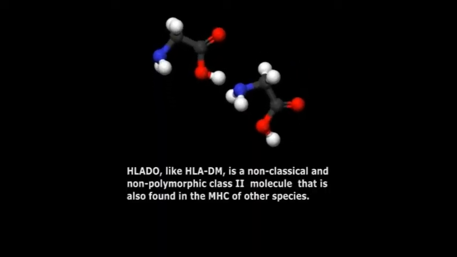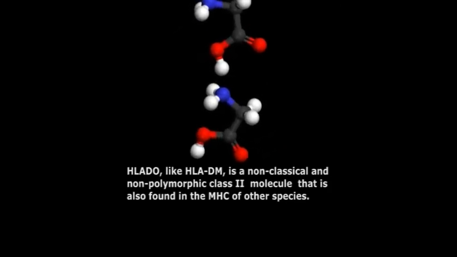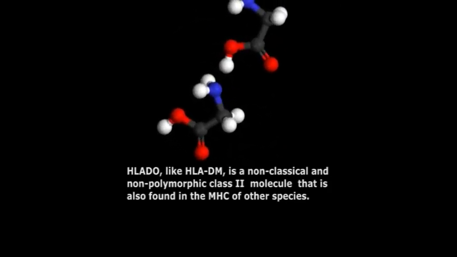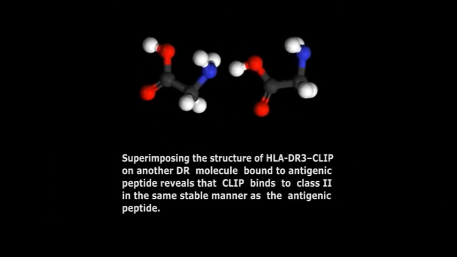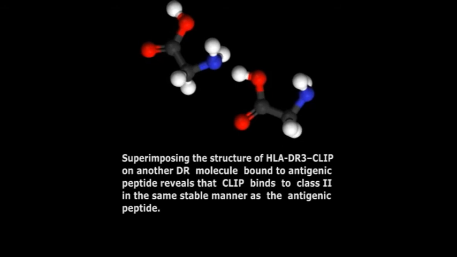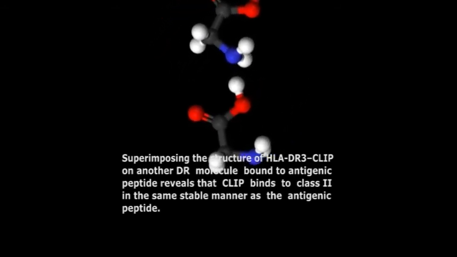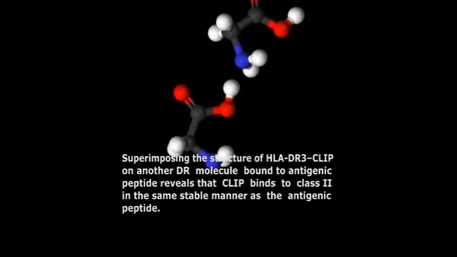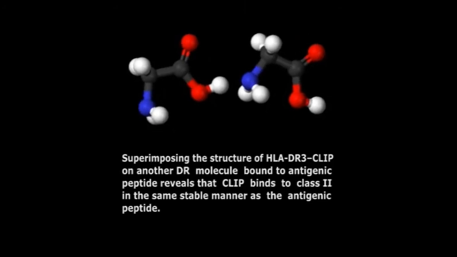HLA-DO, like HLA-DM, is a non-classical and non-polymorphic class II molecule that is also found in the MHC of other species. Superimposing the structure of HLA-DR3 CLIP on another DR molecule bound to the antigenic peptide reveals that CLIP binds to class II in the same stable manner as the antigenic peptide.